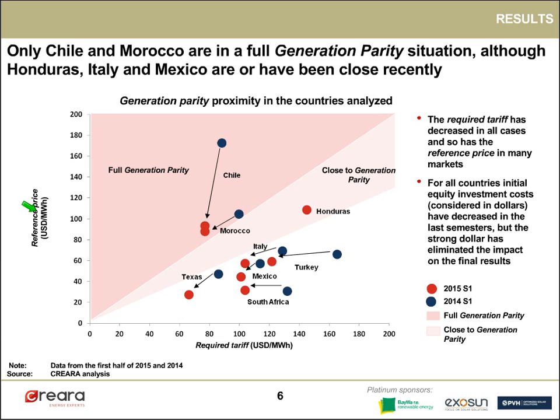And basically the initial investment costs for all countries, which are considered in dollars, have decreased in the last semester. But you will see when we look into the results on a case-by-case basis that the strong dollar has actually eliminated these impacts on the final results.